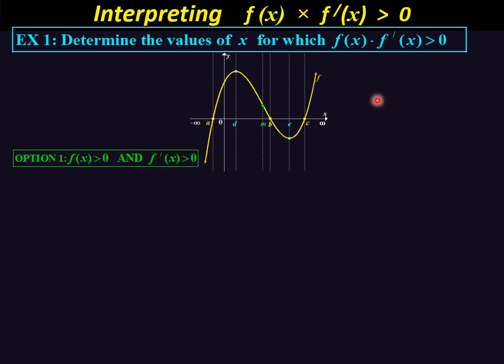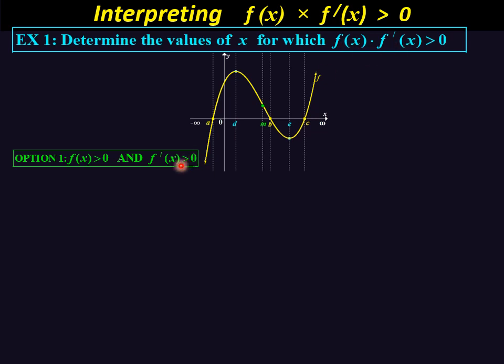So let's look at this here. To be able to understand greater than 0, what does greater than 0 mean? Greater than 0 means positive. Now, what times what gives you a positive number? Come from grade 5 already. Positive times positive, or negative times negative.